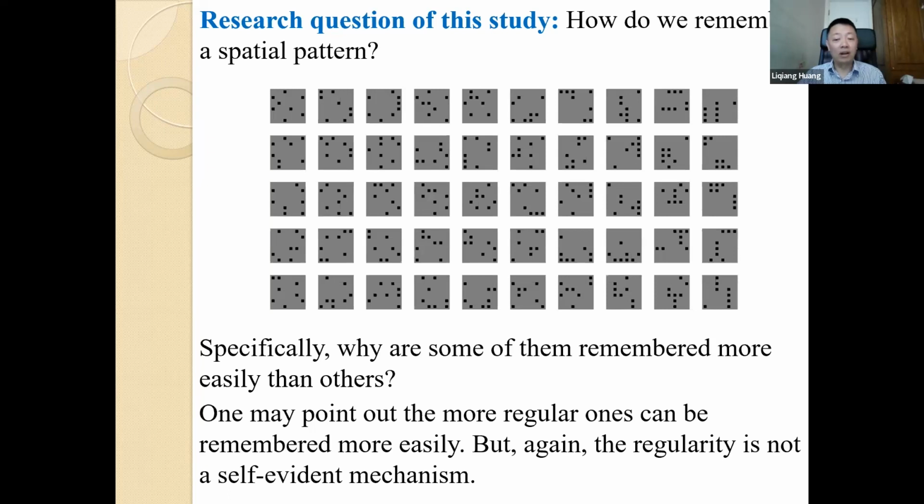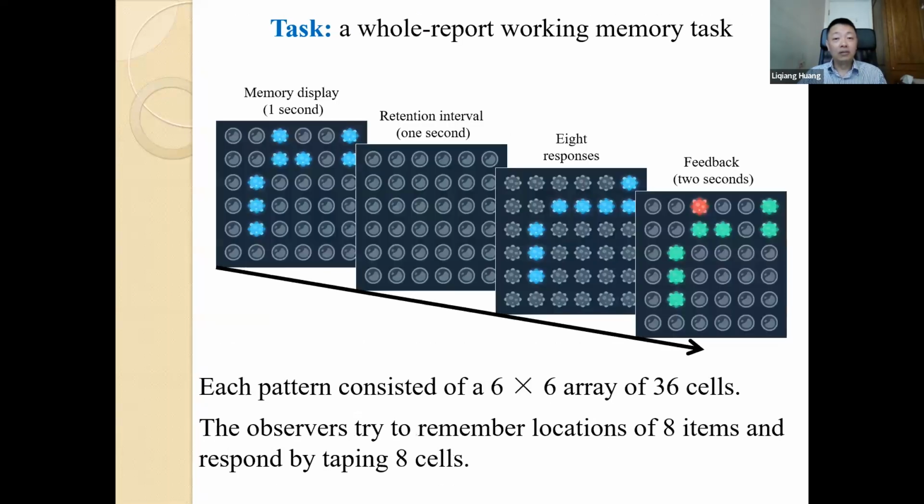One may point out that the more regular ones can be remembered more easily, but again, regularity is not a self-evident mechanism. If you believe it's regularity, then the research question is: what is regularity in relation to memory in this particular case? In any case, let's re-ask the question another way.